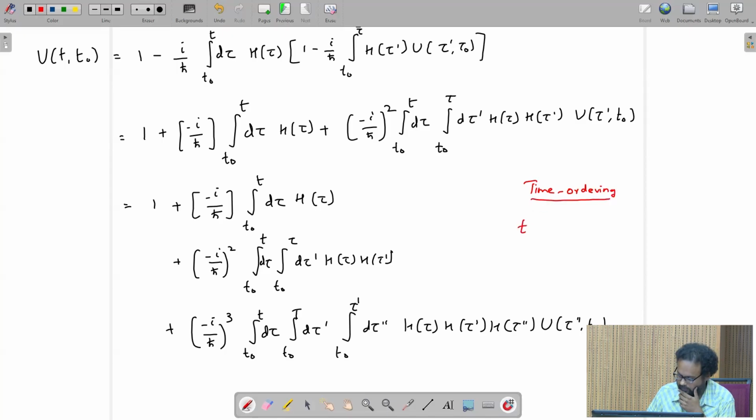Meaning t naught must always be less than or equal to tau prime, tau, up to t. Otherwise this is not a general solution anymore. Remember, there are these products of Hamiltonians, and if I don't impose this, then it would go all over the place.